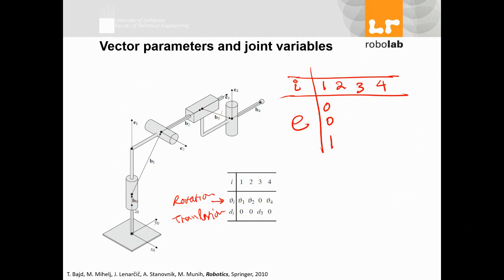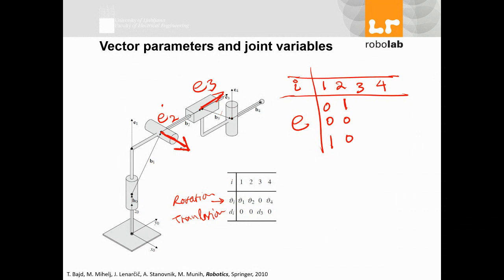it's in the direction of X, Y, or Z? This is E2, you see? X. It is in the direction of X, so I have 1, 0, 0. For E3, which is in this direction, is E2, this is E3.